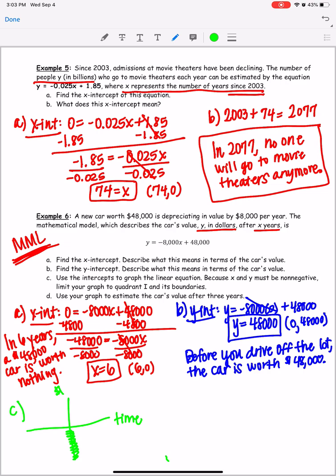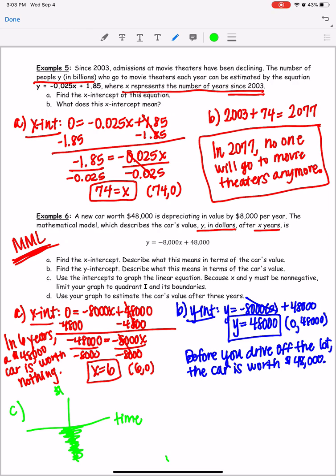So I don't need all of it. It's not going to ever be worth owing you anything. Now we're not going to get into the loan details, okay, we're not going into all of that. I'm just saying this car is never going to cost anybody anything.